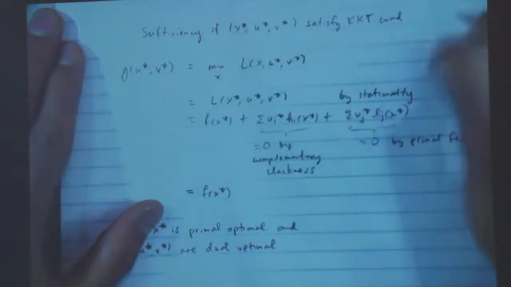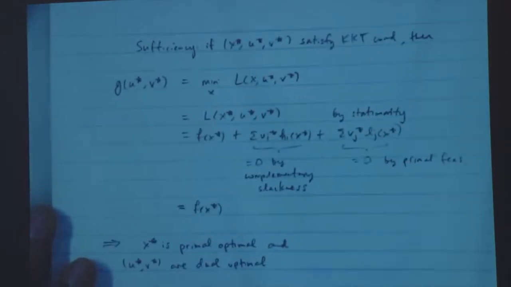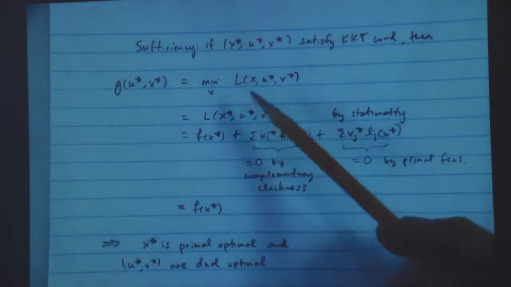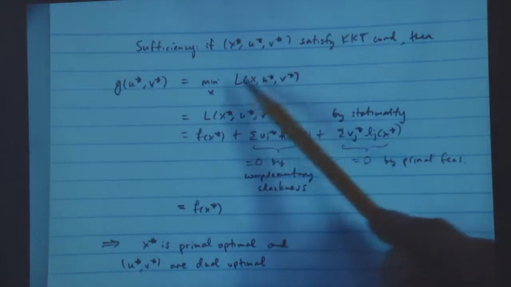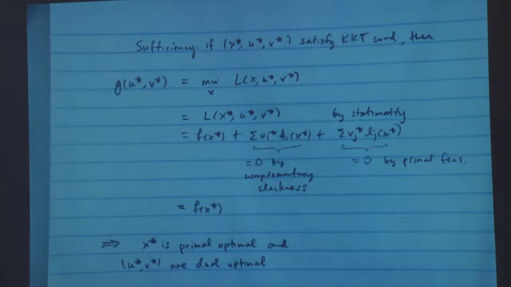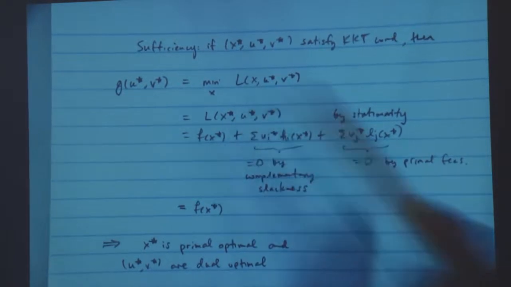If these satisfy the KKT conditions, then the following steps hold. Just think of this as a function of x alone. The stationarity condition is saying that the subdifferential of that function, when evaluated at x star, has 0 in it, which means that x star achieves the minimum here.